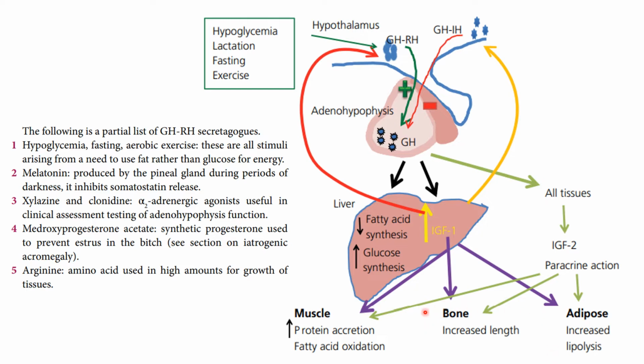For bones, again, chondrogenesis, so the lengthening or growth of your bone tissues. And for muscle, of course, protein accretion: more muscle is growing because protein synthesis is increased, and there are a lot more protein molecules, or amino acids primarily, that can be used to build up muscles because of protein accretion. So basically, the end goal, as the name of the hormone implies, is of course growth.